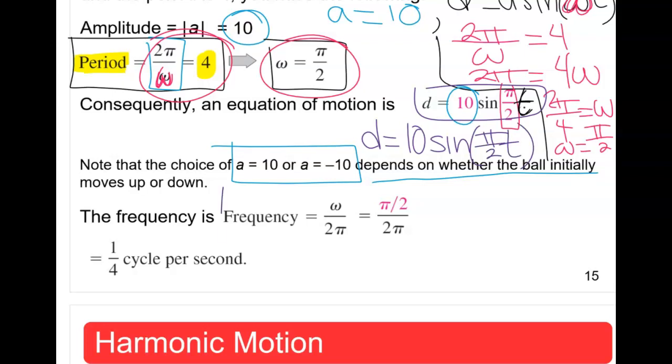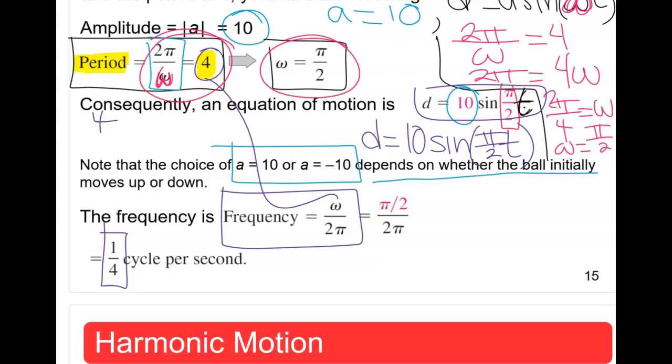Okay, now to find the frequency, it's very simple if you just take the reciprocal of the period, which is 4. So the reciprocal of 4 over 1, as we already mentioned, will be 1/4. So that's the way to find it.